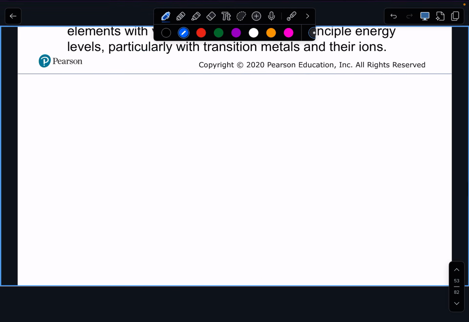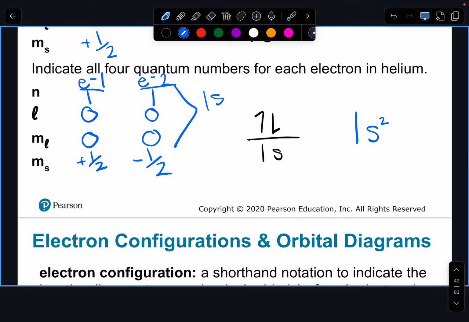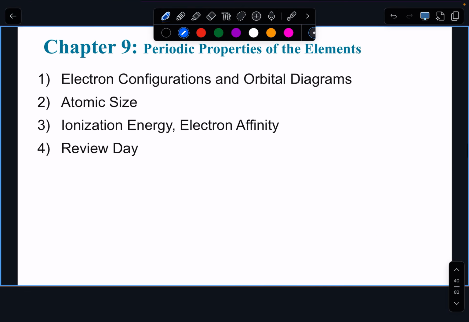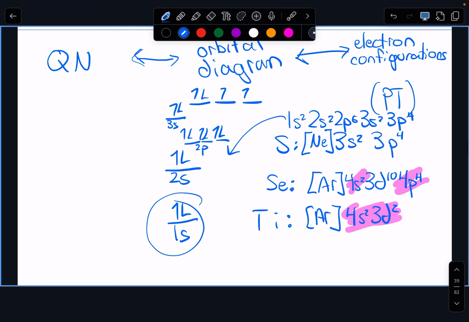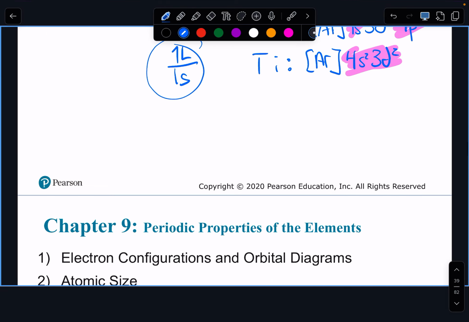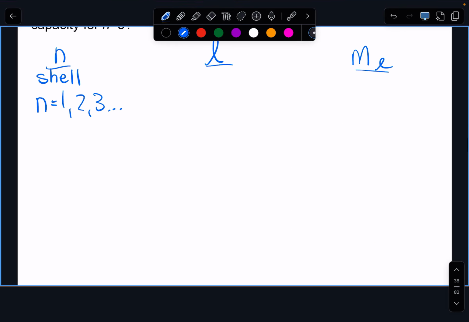Okay, now I will go back up here. Right, okay. So then m sub l is also dependent on the previous quantum number of l. So m sub l is a range of negative l through positive l.